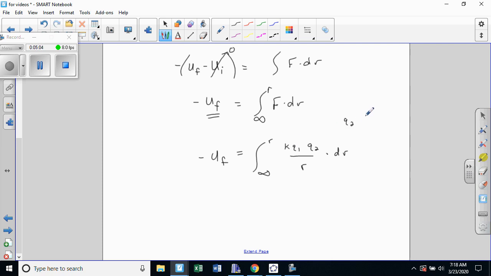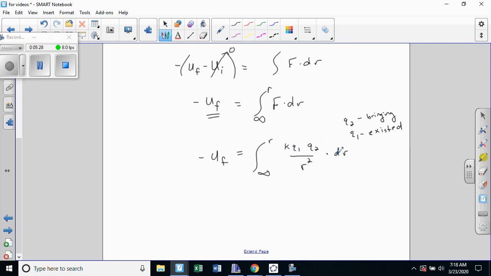Q2 is the charge that I'm bringing in, and Q1 is the charge that already existed. This is the charge that created the field. So I'm trying to bring a charge Q2 into a field that Q1 created.